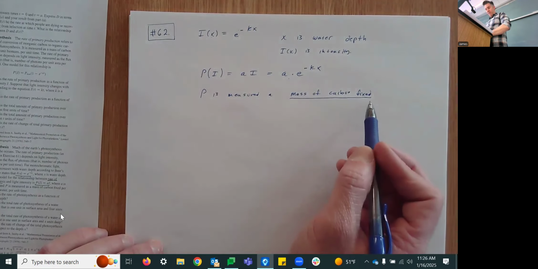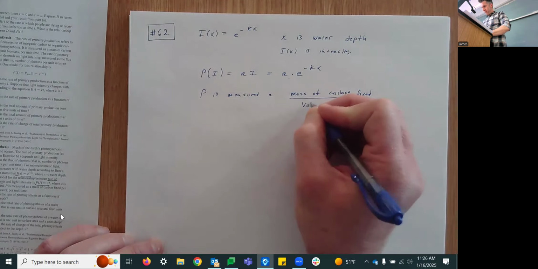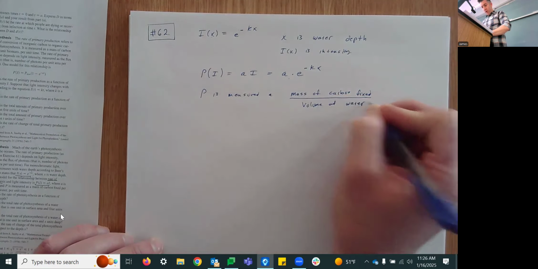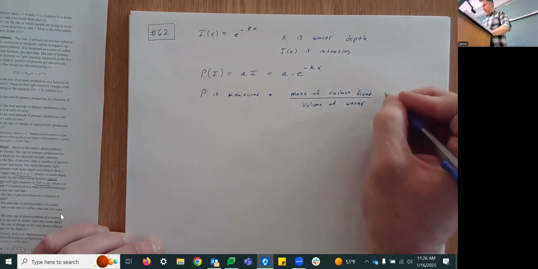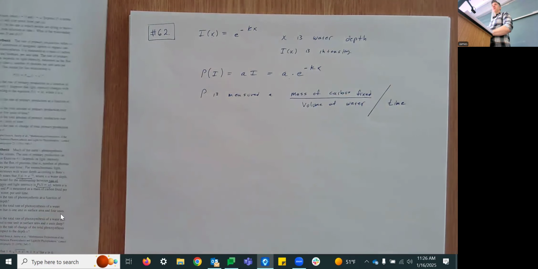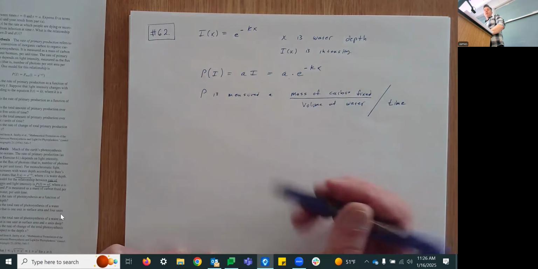It's the mass of carbon fixed per the volume of water per unit time. Well, that seems funky. We don't need to write this down necessarily, but it's helping me figure out what's happening.